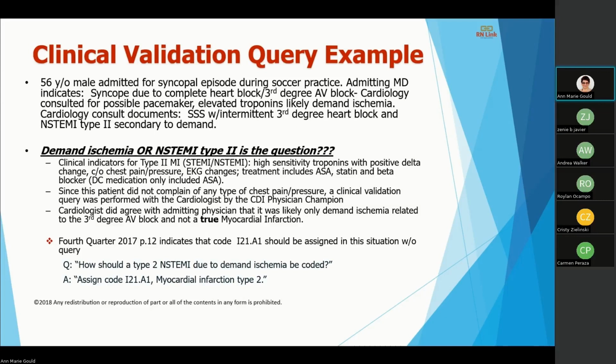I think it's important that from a CDI standpoint, we create an accurate evidence-based query for those providers, so that they can give us an accurate diagnosis for the patients.